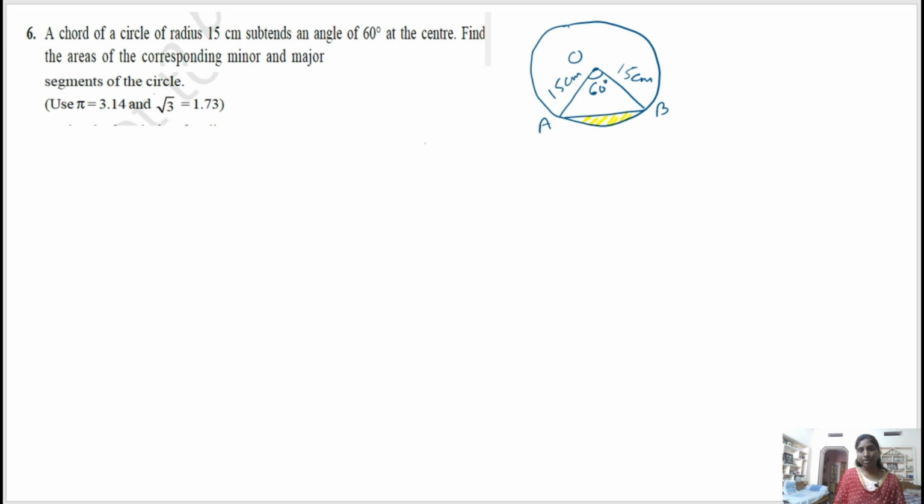So the area of segment, here we will write the formula. Area of minor segment is equal to, here you can see a sector. So the formula is area of sector minus area of triangle AOB.